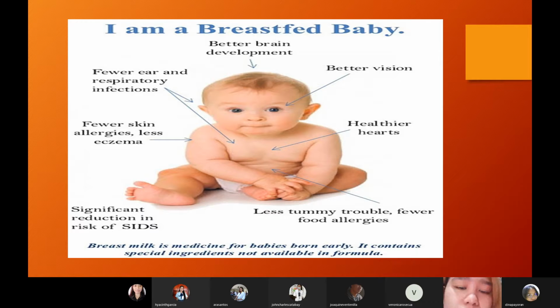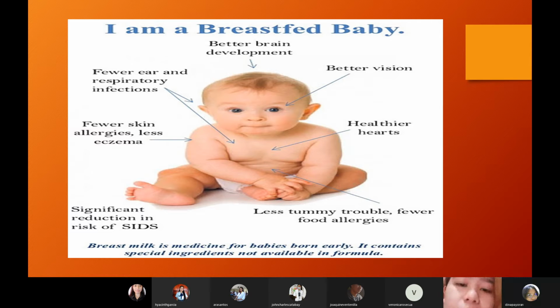And also a significant reduction in the risk of SIDS. So as we can see, there are many benefits of being a breastfed baby. Are you a breastfed baby? Or are you not sure? Breastfed baby po.